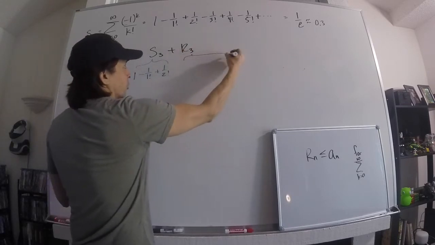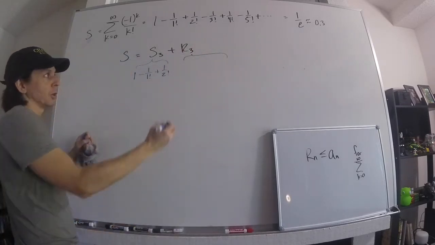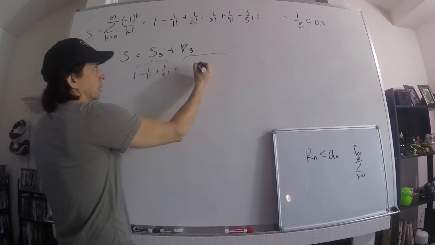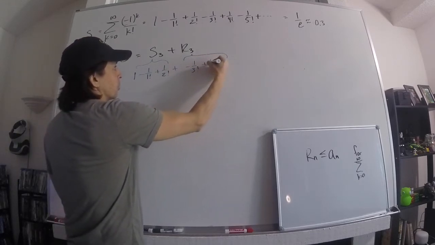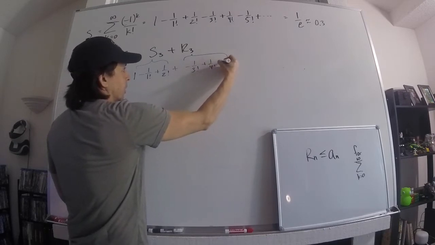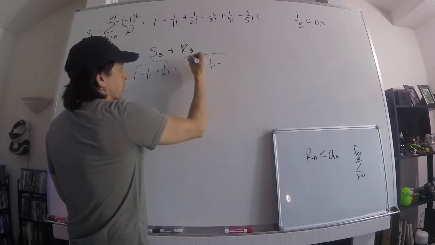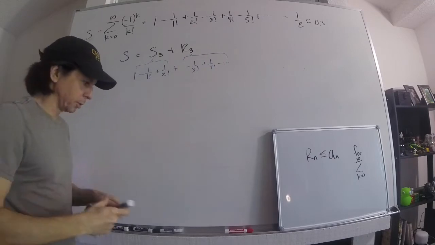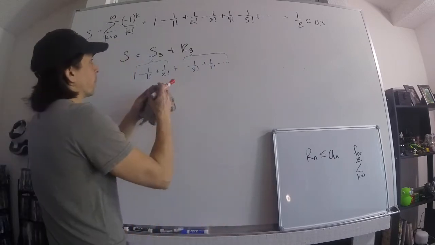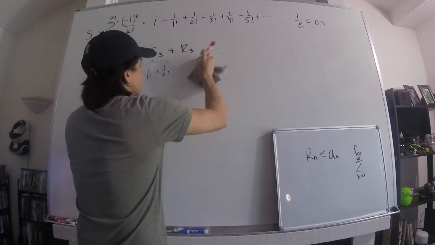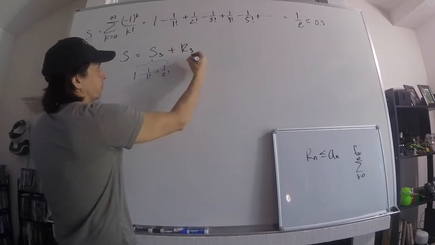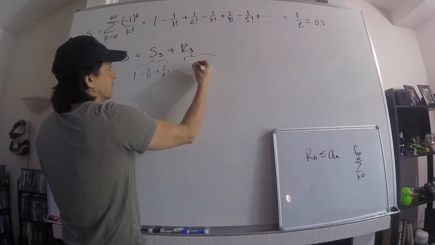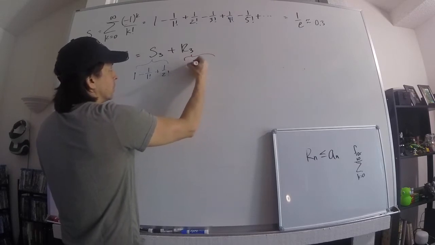And to get the exact value, you're missing negative 1 over 3 factorial plus 1 over 4 factorial, dot dot dot. So that right there, let me use a different color. Blue is going to be our approximation, and R3 is going to be your error.